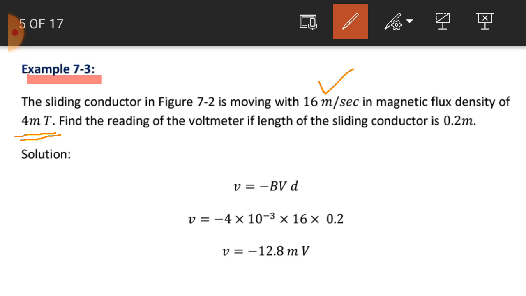So there is a conductor which is moving in this constant magnetic field. Find the reading of the voltmeter if the length of the conductor is 0.2 millimeter. So we want to find out the voltage which is induced across this sliding conductor.